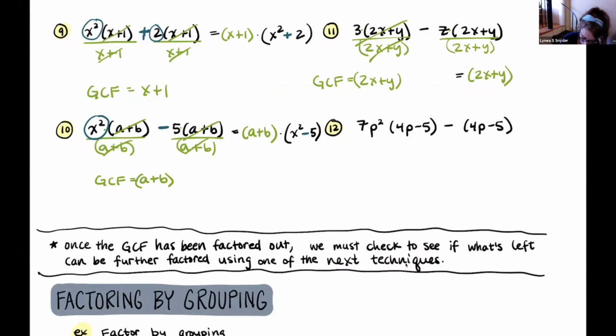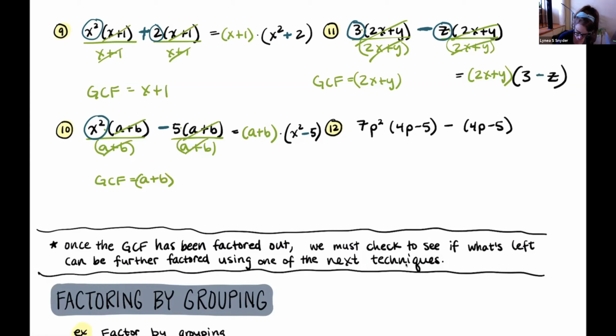The z times 2x plus y divided by 2x plus y, we can just cancel those out and get 1. And so what we're left with, this minus here, we've got 3 and then minus z when we factor out the 2x plus y. So that'll look like 3 minus z. And there we go.